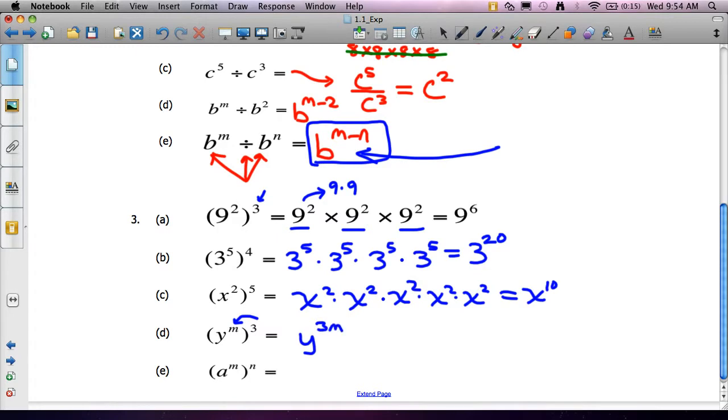And if you think about it logically, we've talked about the distributive property. We know that when something is outside of a parentheses, you would multiply it by that value inside. So that rule follows along too with exponents, indices. So we have a base raised to an index raised to another index. In this case, we have a to the m to the n, means we get a to the mn.